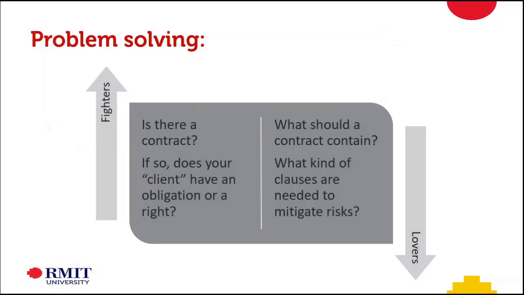You might have even thought about which of those things would be essential terms and which ones would simply be warranties. You might have thought about whether something was an intermediate term, but usually you would want to be quite precise about that and not leave it to a court to chance.